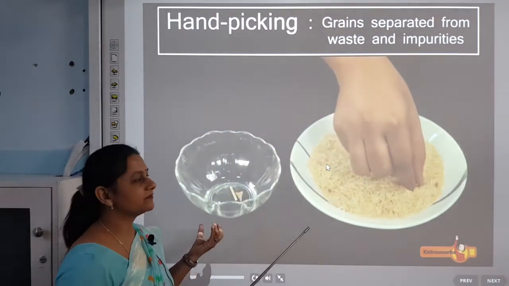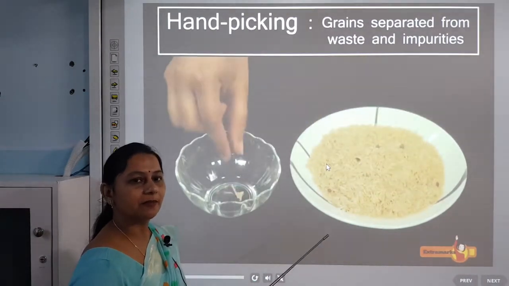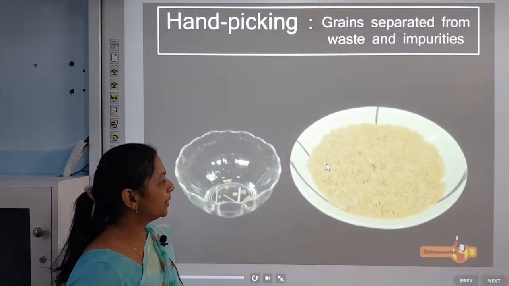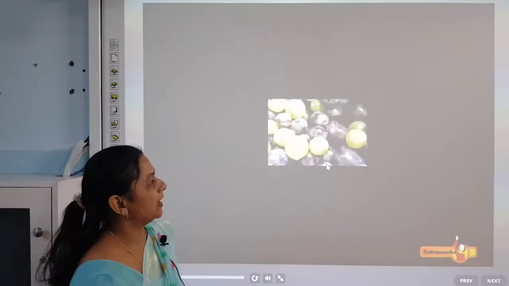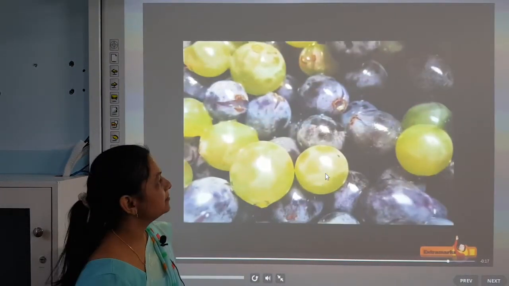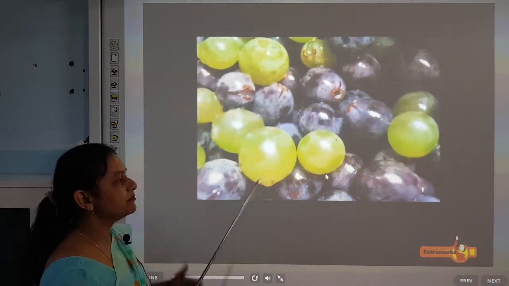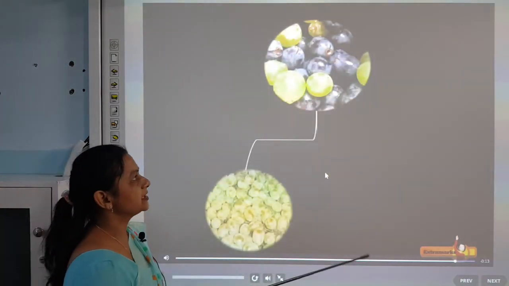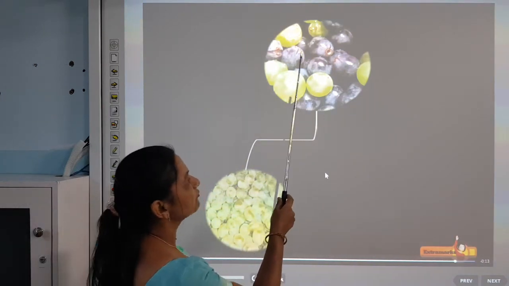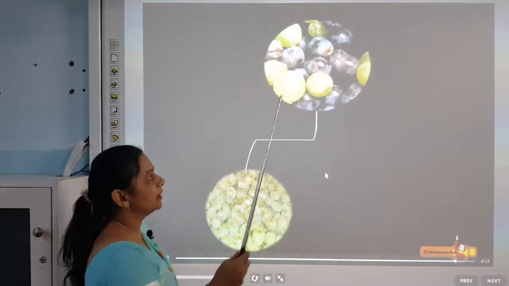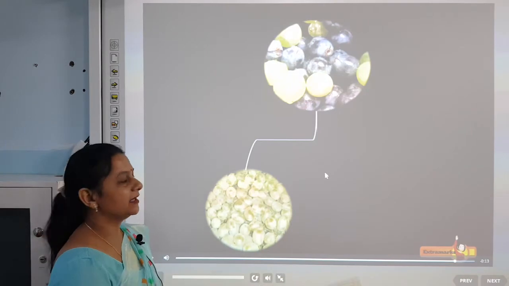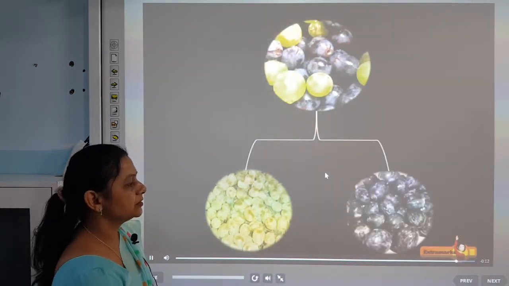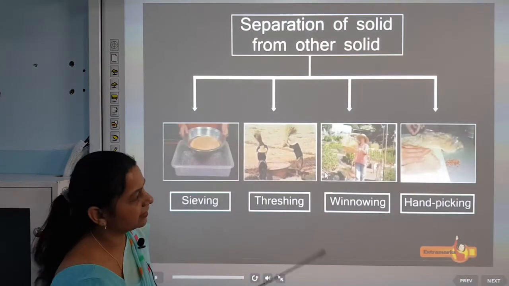You must have observed this method followed by your mama when she is cleaning grains or pulses like rice at your homes. Similarly, this simple hand picking process can be used to separate black grapes from green grapes. Black grapes and green grapes can be easily picked up and separated.